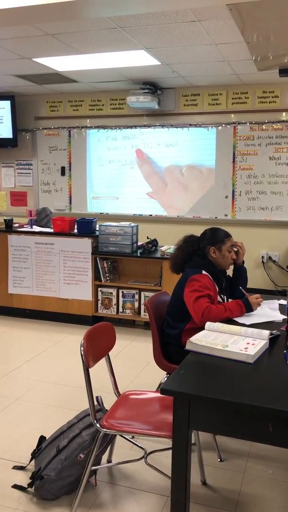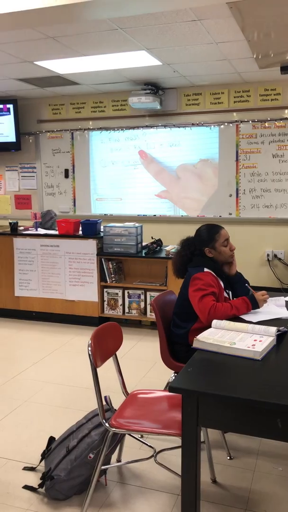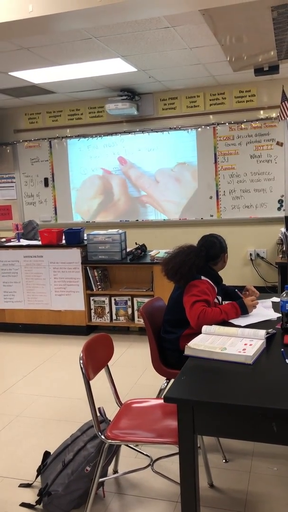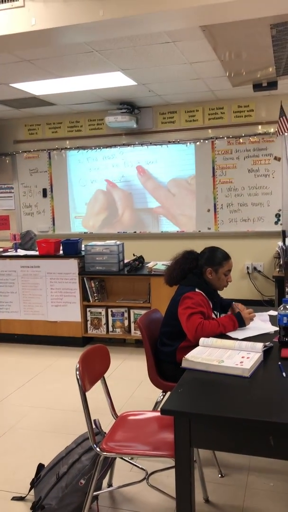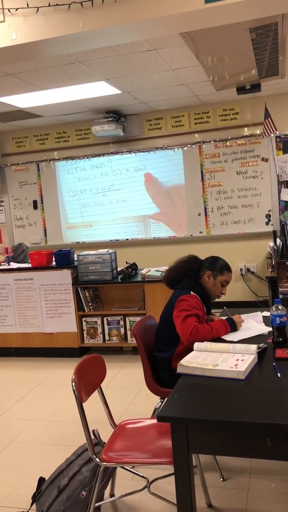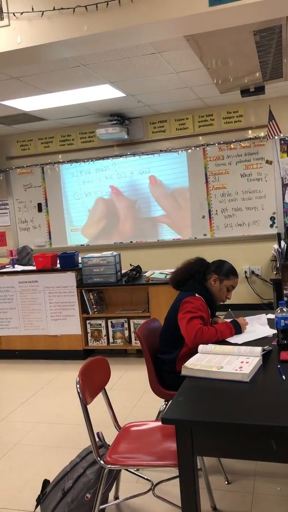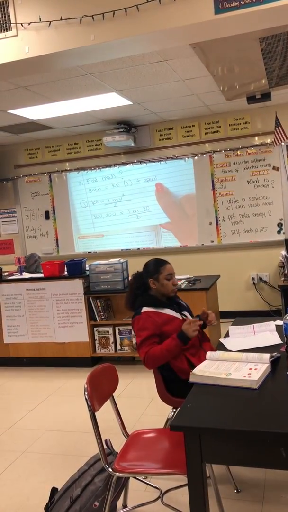It gives me KE, what's my kinetic energy? 300,000 equals 1/2, and we're looking for mass, so I'm going to write M. It gives me the speed. What's the speed? 20. And all of that is divided by 2, right?